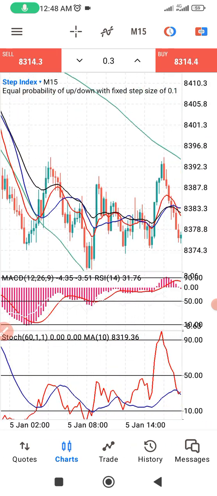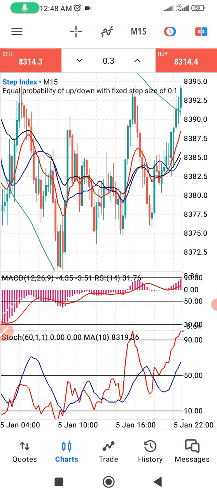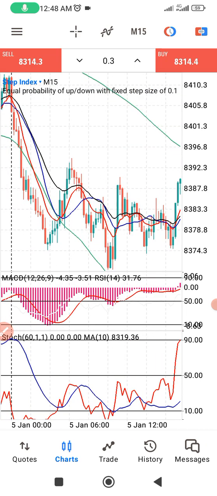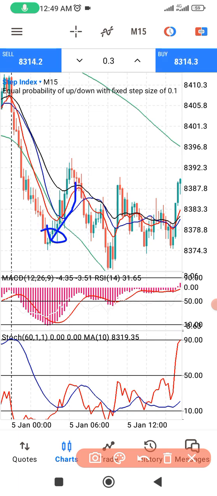Okay, let's begin from here. Here we have a move. Remember, at this point, the market is already piercing our lower Bollinger Band. It went up, came back again and pierced it, and then got rejected from the lower Bollinger Band.